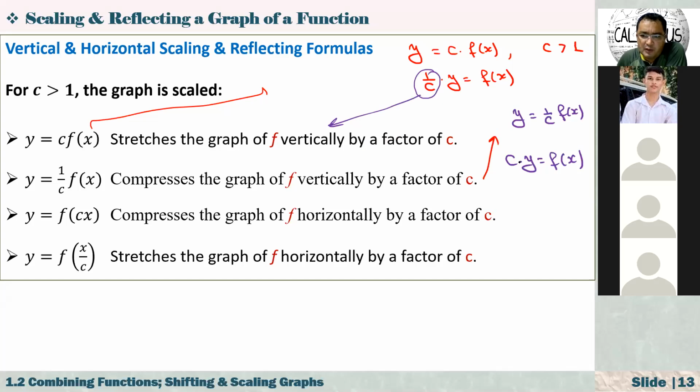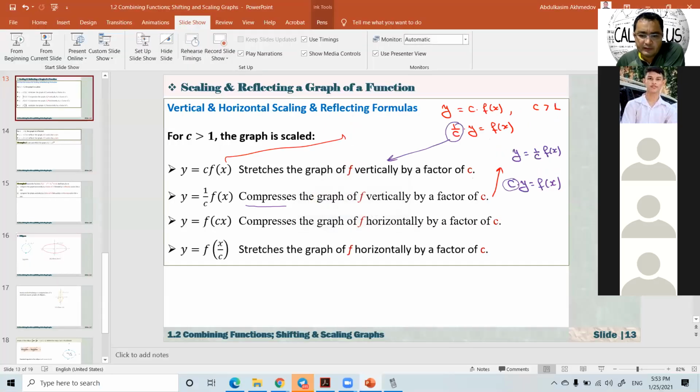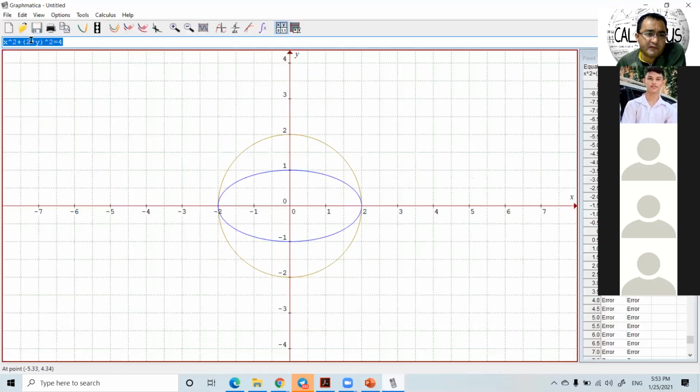The second one is multiplying the whole function by 1 over c, and that is the vertical compression. That's why in this graph, for the blue line, I have multiplied the y value by 2 and now our graph is compressed. If I multiply by 1/2, which is 0.5, you will see that we are stretching the graph by a scale factor of 2.